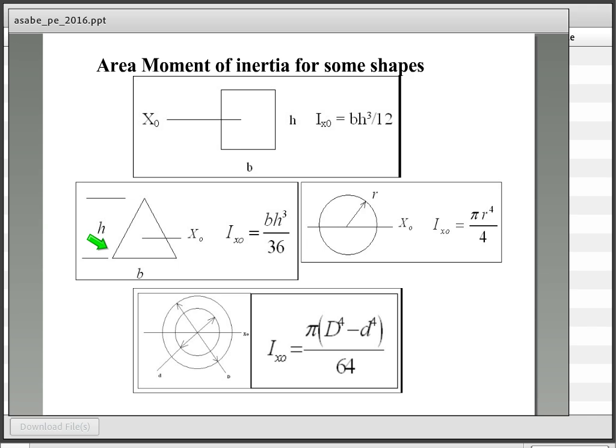And here I'm showing, for a hollow cross section, pi times d to the 4th minus inside diameter to the 4th, over 64, as the area moment of inertia.